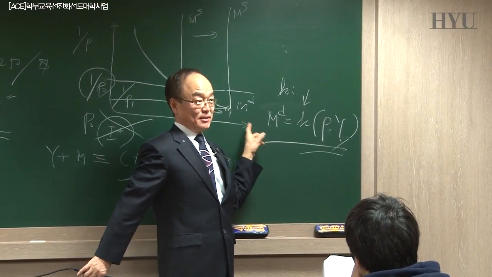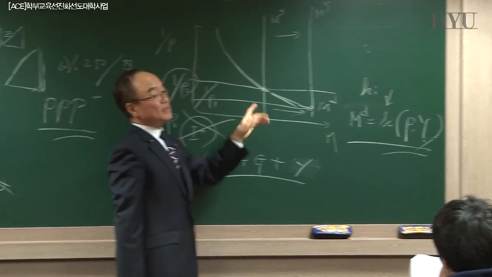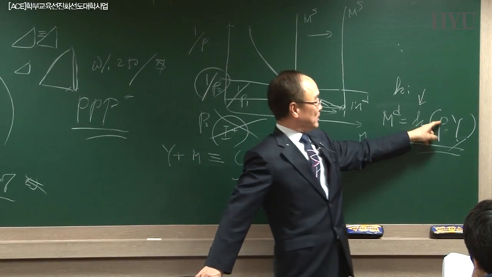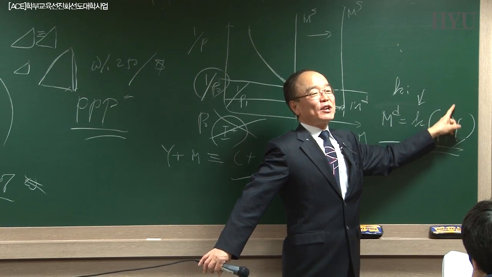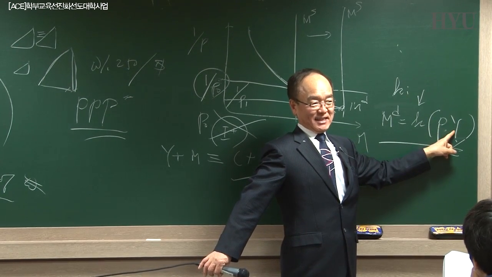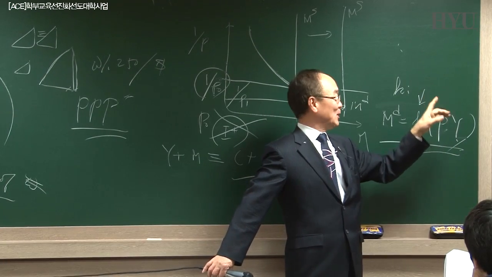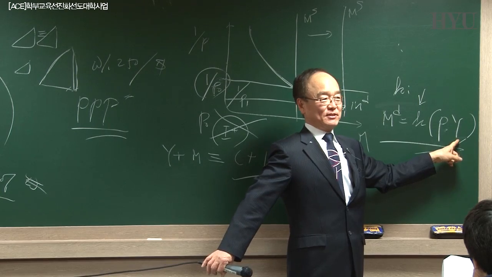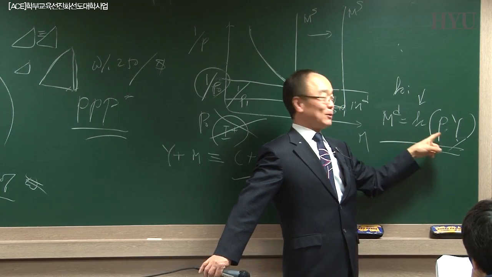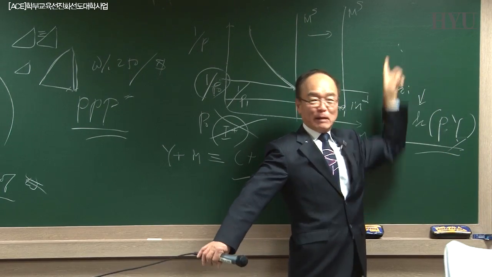We see real things don't change. P only increases. Natural level of output is Y. Remember, leave the market alone. Market will return to, regress to Y here.